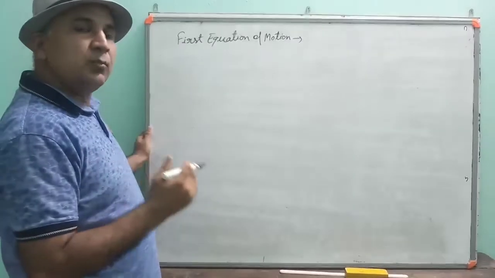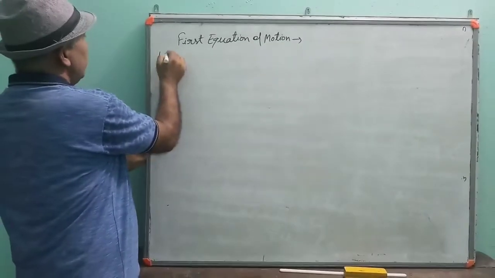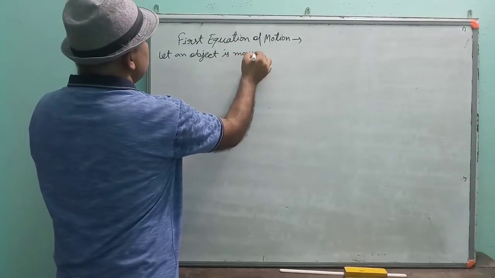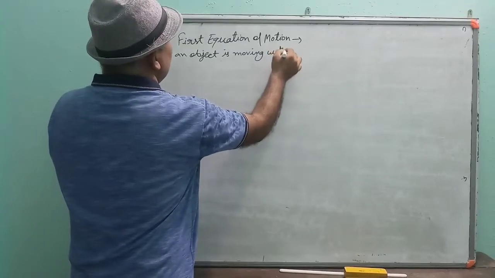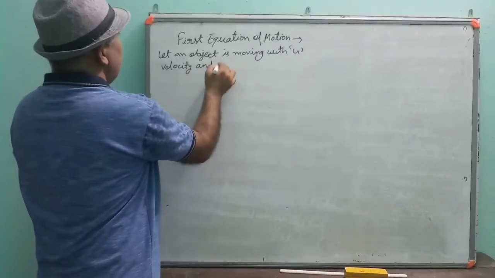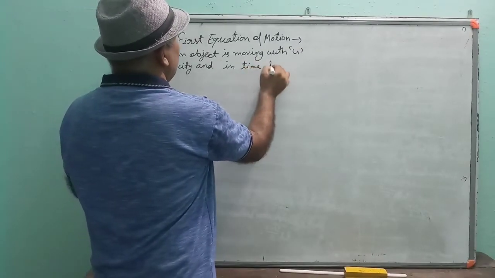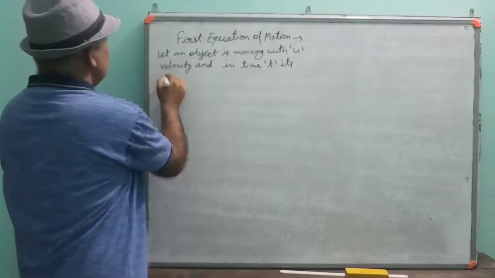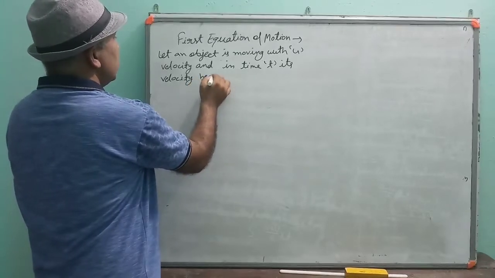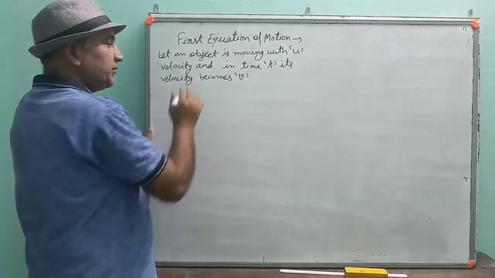Suppose that an object is moving with velocity u, and in time t its velocity becomes v.